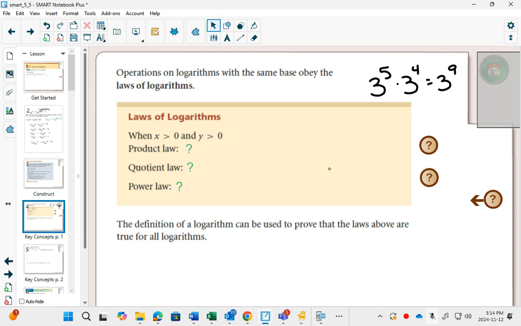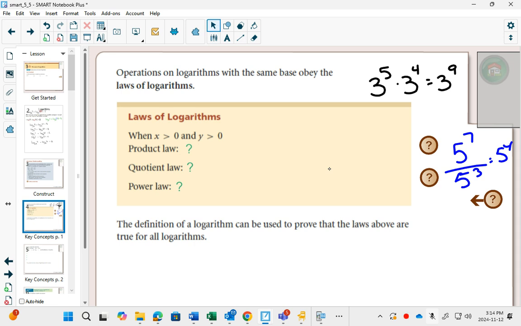But often you'll just hear someone shorten it like that, and then there's a kid who's messed up. Then the next day you say, when you divide, you subtract. But if you divide powers with the same base, you can subtract the exponents.